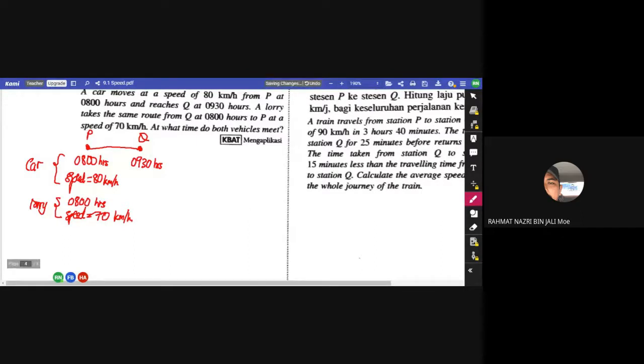The question is, at what time do both vehicles meet? So in this journey, the car will meet with the lorry at a certain time, maybe before 0930 hours.